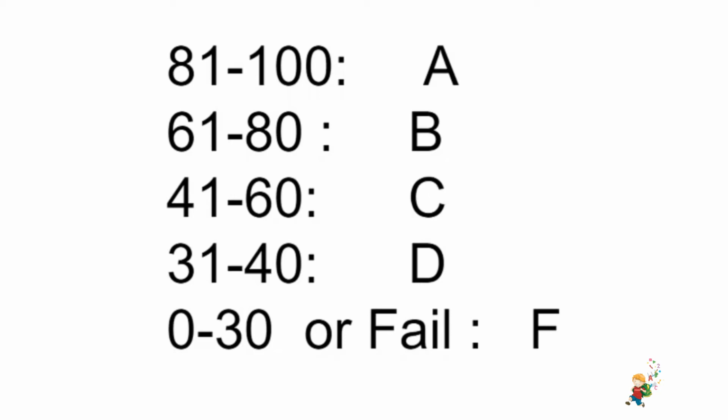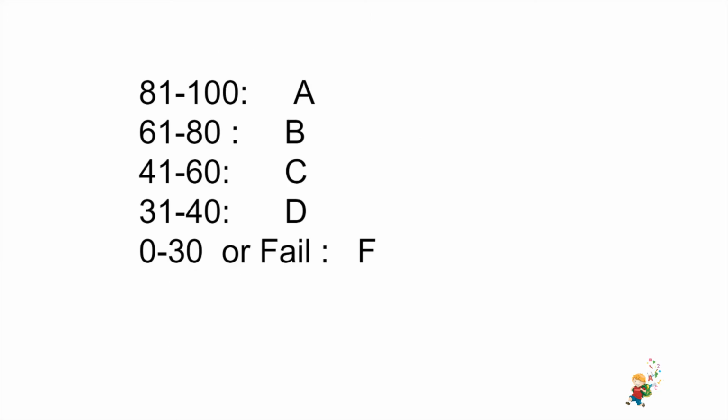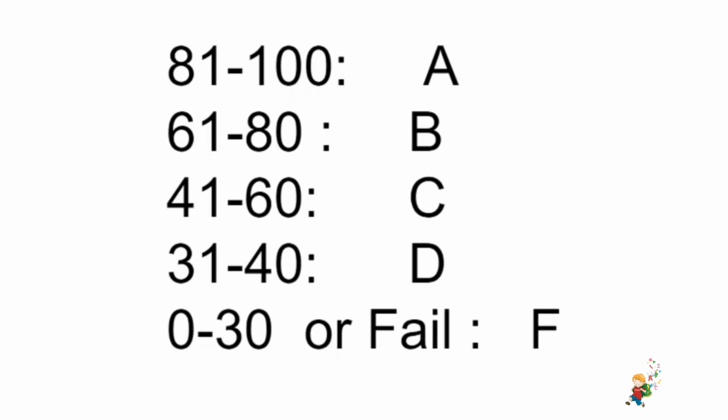If the percentage is between 41 to 60, then C. If the percentage lies between 31 and 40, then we will give D grade. And if the percentage is less than 31 and the student has marks less than 30 in any one of the subjects, or he or she has failed already, then we will give F grade. So this will be our convention.